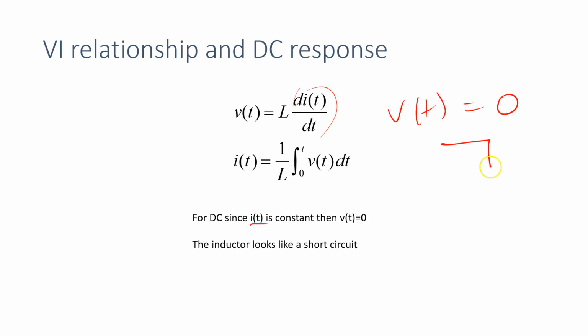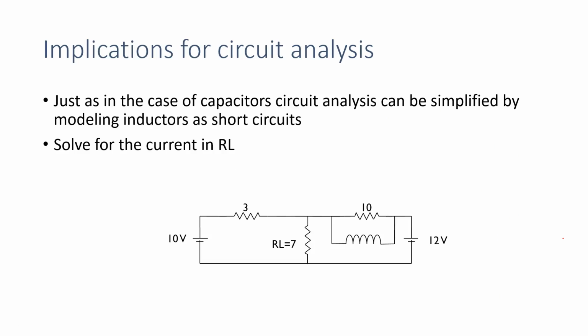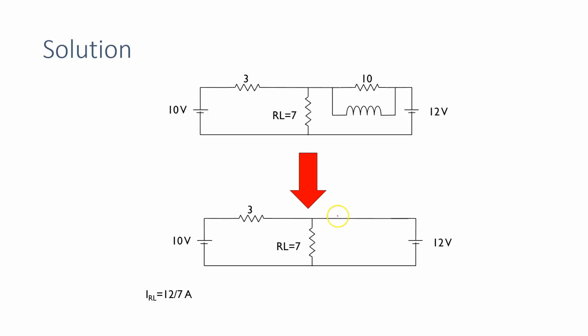Now if I have an inductor and the voltage across it is 0 volts, that means it's essentially a short circuit. So if I look at this in terms of my circuits, just like I did with capacitors, wherever I have an inductor, I can now replace it with a short circuit. And when I replace it with a short circuit, then I can go about my normal circuit analysis.